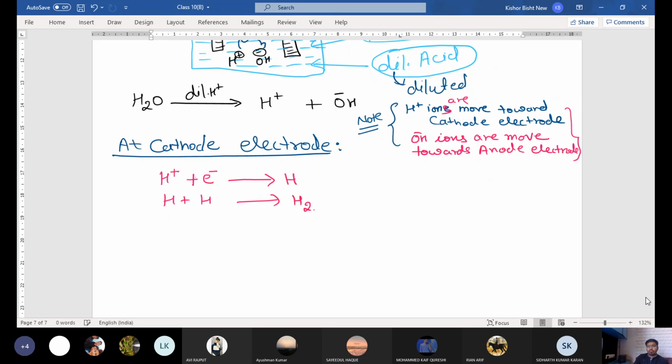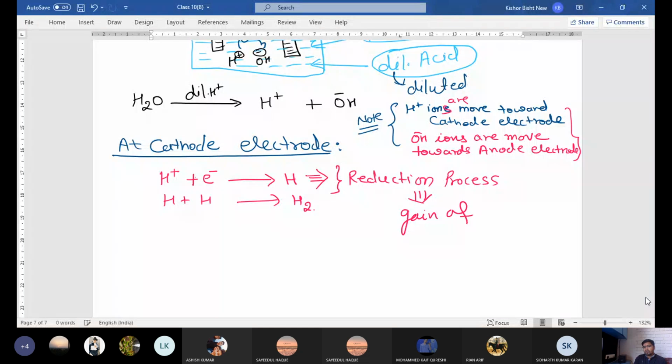Okay, is this oxidation or reduction? Reduction. Why is it reduction? Because of gain of electron.